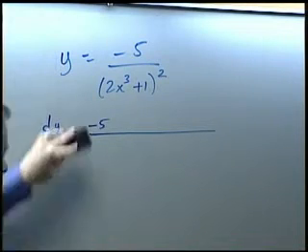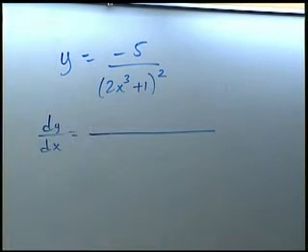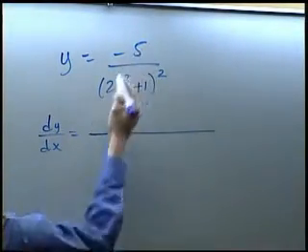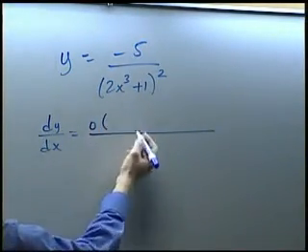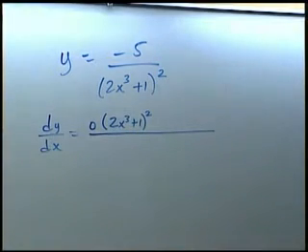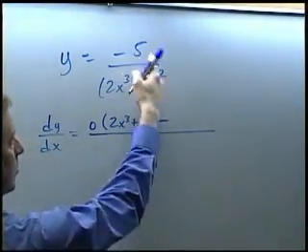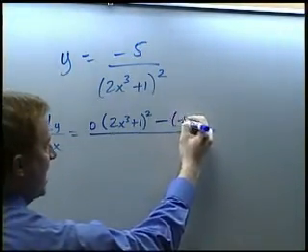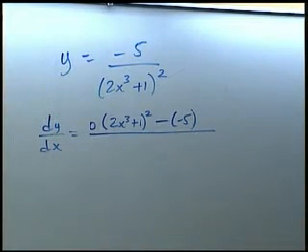No, I did it backwards, didn't I? Okay. We want to start with the derivative of the numerator, right? So the derivative of the numerator is 0 times the bottom component. Bottom times derivative of the top, yeah. Okay. Minus the top component, so minus -5 times the derivative of the bottom.